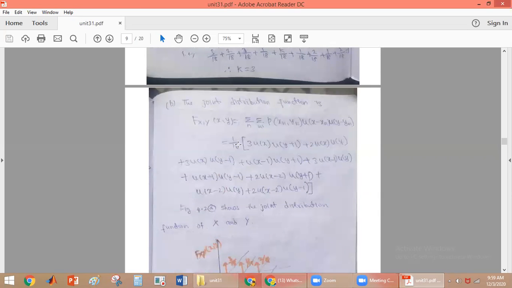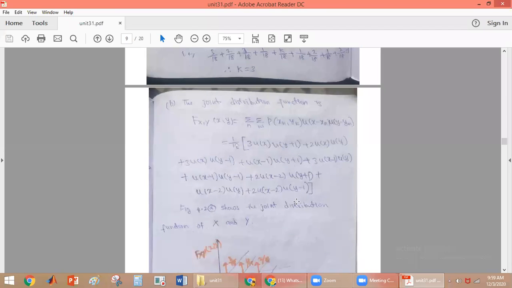It is 1 by 18 u of y plus 1 plus 2 u of y, because all x terms have value 1, plus 2 u of y plus 3 u of y minus 1 plus u of y plus 1 plus 3 u of y, plus u of y minus 1 plus 2 u of y plus 1 plus u of y plus 2 u of y minus 1.